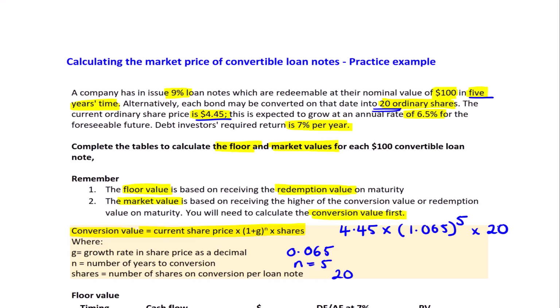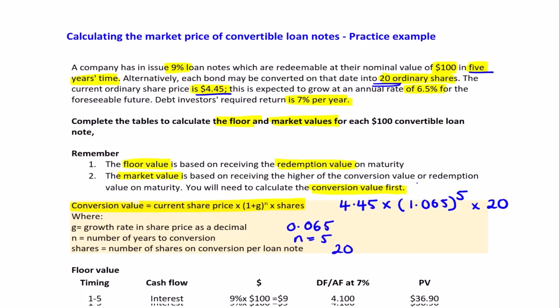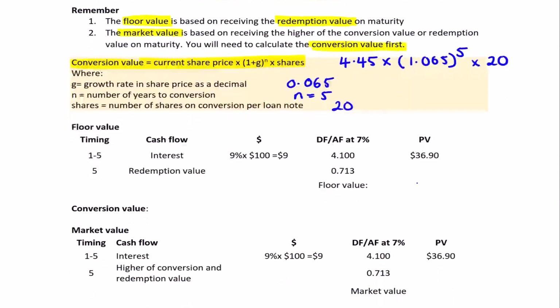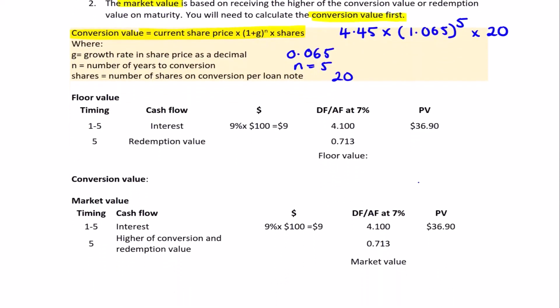Once you've found that value, you're able to decide what is therefore going to be used in the calculation down here. Is it going to be the conversion or redemption value? Remember, the floor value, we always use the redemption value, but for the market value, we need to pick the higher of conversion or redemption.